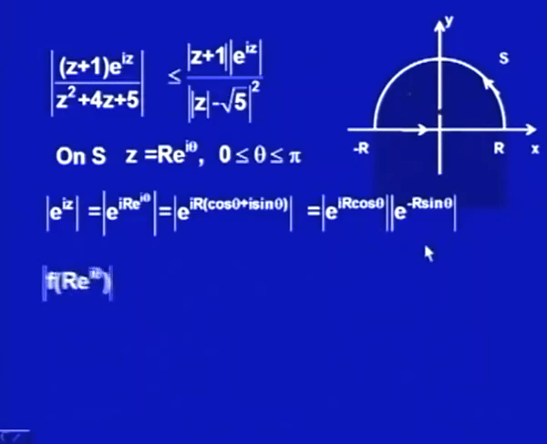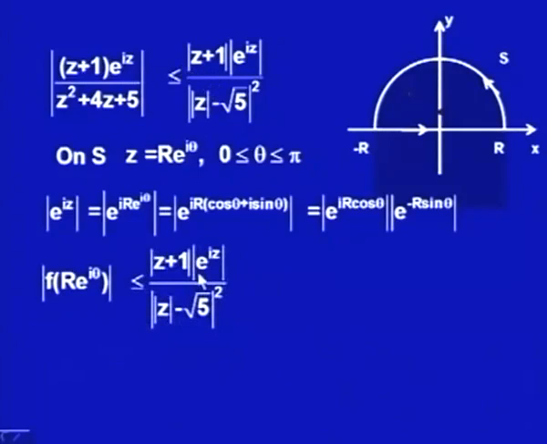So again we get e to the power minus r sin theta. In the similar manner, this bound for f(z), that is now f(re^(i theta)), for this part we had already got that it is less than some constant k upon r, and e to the power iz is e to the power minus r sin theta.